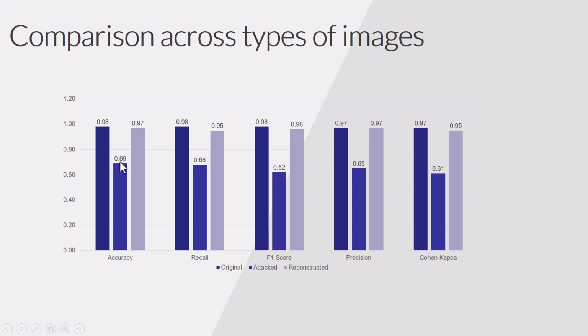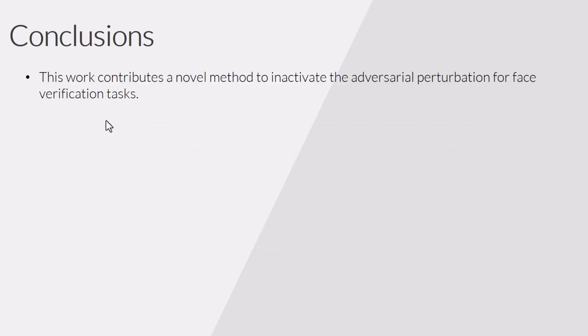It is very obvious, and we can see from the results as well, that when we add the attack, the accuracy or performance measure goes down drastically, from 98 to 69, 98 to 68, 98 to 62 and so on. And after reconstruction, the performance again goes as high as the original image. That means reconstruction is done in a very good way, and we are also achieving very high classification accuracy, on almost all the parameters, as we can see.